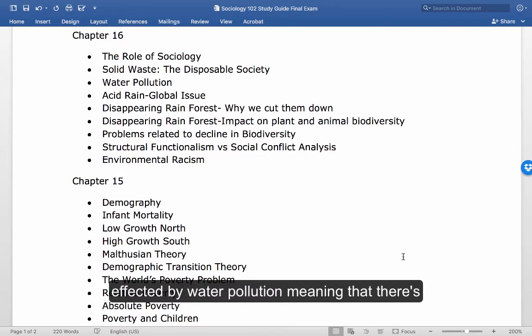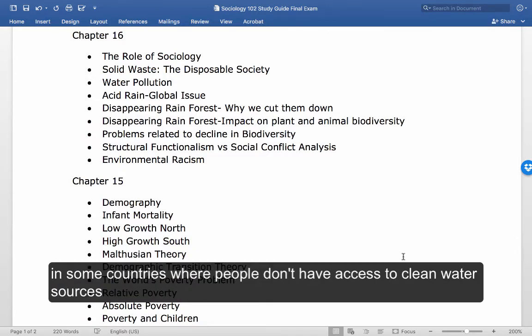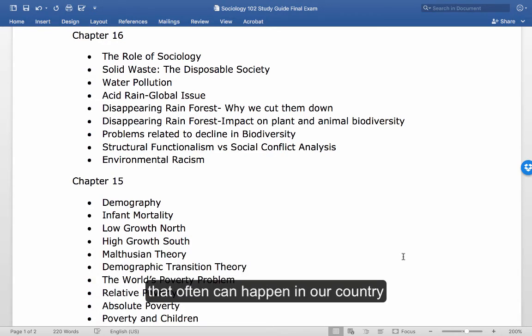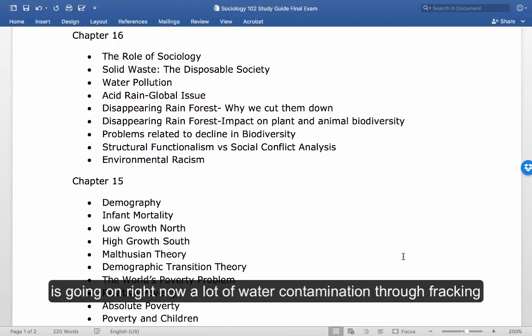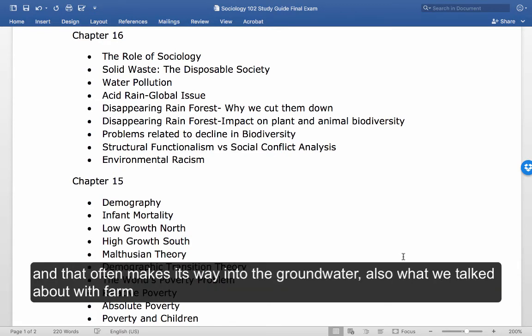Just the kind of people that are affected by water pollution, meaning that there's water pollution in the form of people who get infectious diseases in countries where people don't have access to clean water sources. That can also happen in our own country, where there's a lot of water contamination through fracking, or hydraulic fracturing, where a lot of chemicals are put in to break up the fractured earth, and that often makes its way into the groundwater.